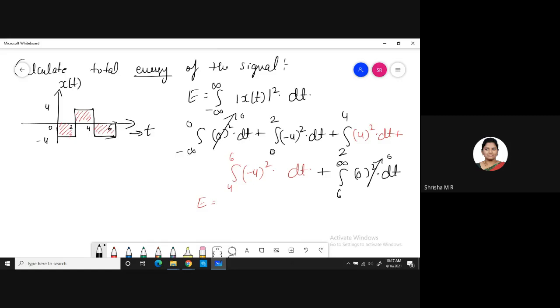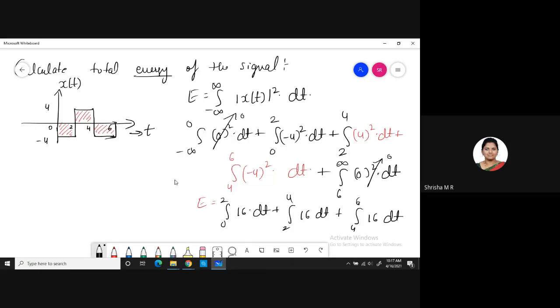So energy is nothing but integral 0 to 2 16 into dt plus 2 to 4 16 into dt plus 4 to 6 16 into dt. If you integrate 16, you get 16t.